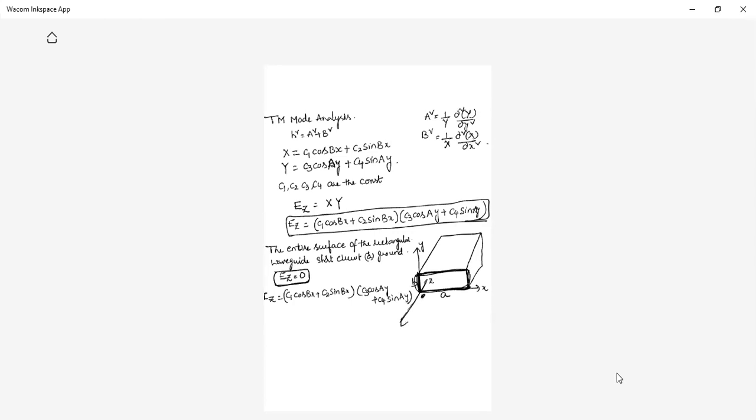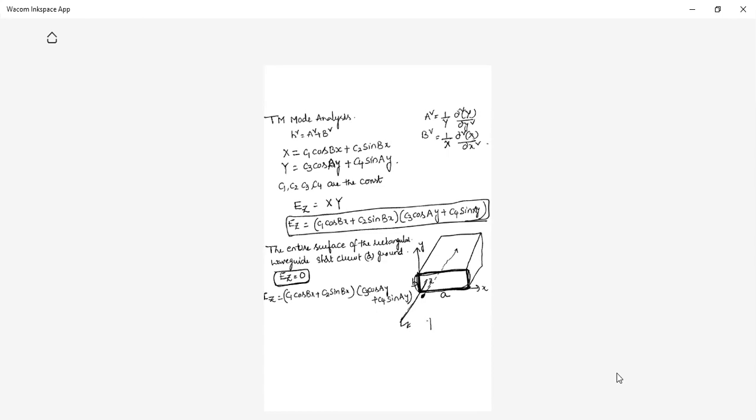Let us consider the wave is propagating in the positive Z direction. We have to apply the boundary conditions to find out the constants C1, C2, C3, C4 and the other parameters. So now, how to apply the boundary conditions?